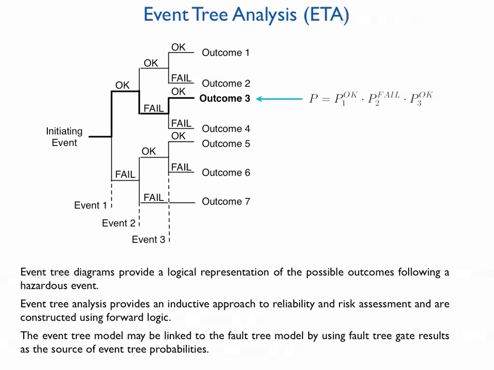For example, we have initial events, and the outcome can be okay or fail, and the same for each next event. If we know the probability of the outcome of a single event, we can compute the probability of the event combination or outcome of this event tree.